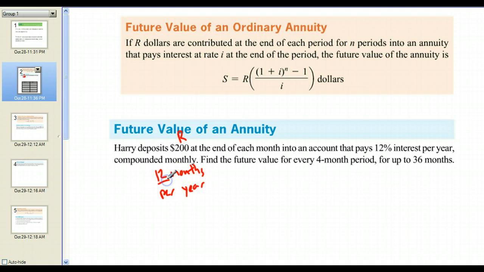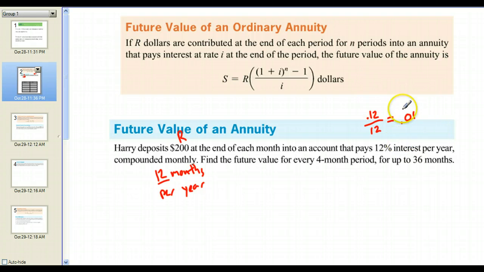Because there's 12 months per year, we're going to take this 12% interest written as a decimal and divide by 12, because that's what i represents. i is the interest rate at the end of each period. So since there's 12 months in a year, 12% divided by 12 is 1%. So we're putting in 1% each month for however many years we have.